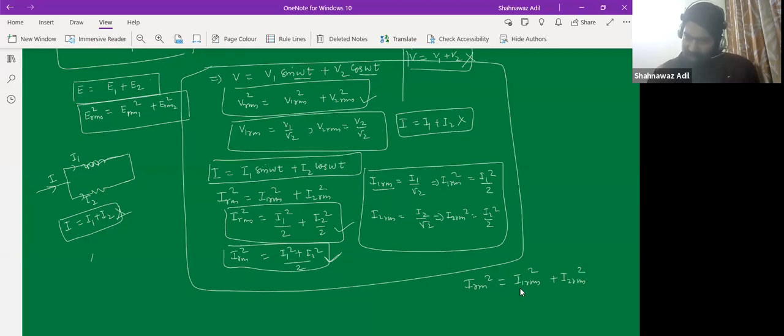And we know what I1 RMS is. If you calculate the RMS value, I1 RMS would be I1 by root 2, and I2 RMS would be I2 by root 2. We put back these values in here, so you'll get this. Is it clear to you?